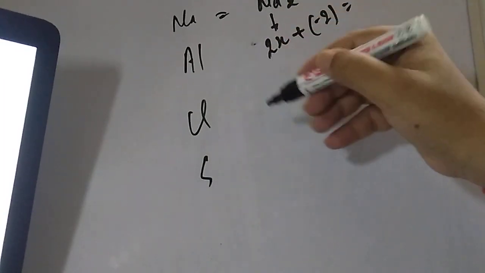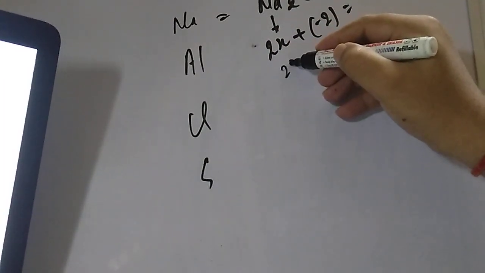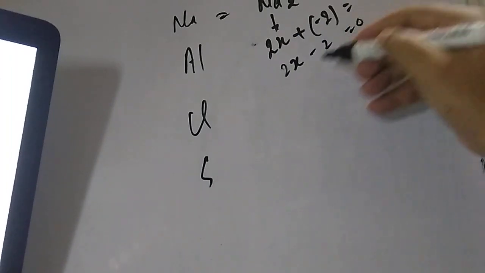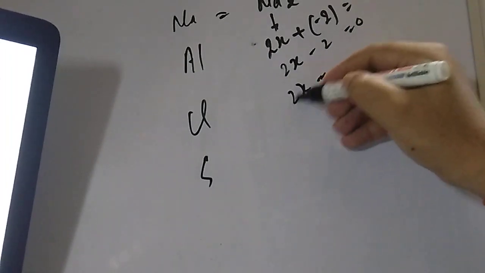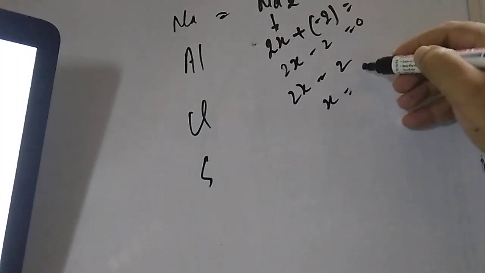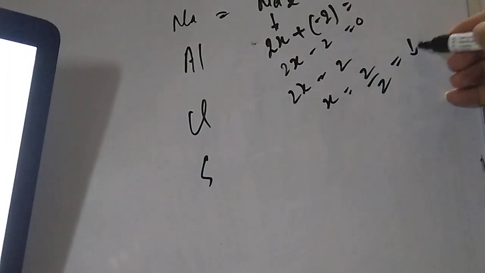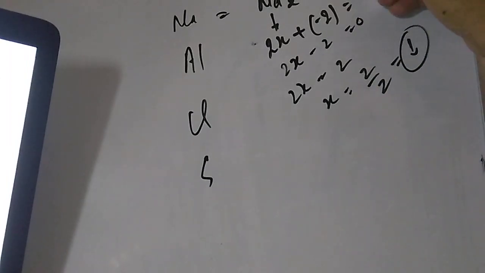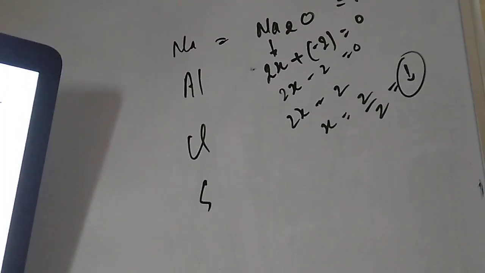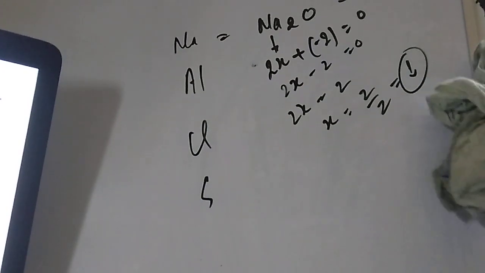I am checking with the help of oxidation number. So 2x minus 2 equals 0, so 2x is equal to 2, so x is equal to 2 by 2, which is 1. So sodium's valency with respect to oxygen is 1. So this is not the correct answer.